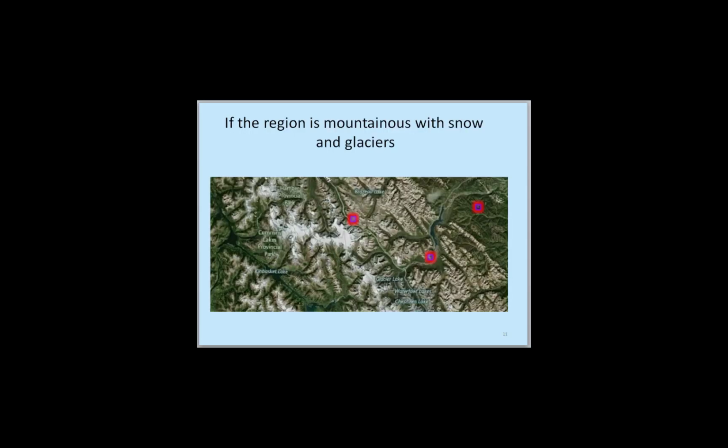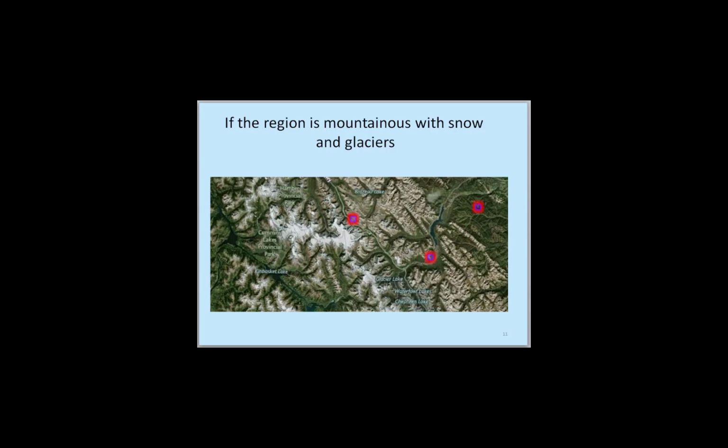Using the map, you can also check if you are in a mountainous region where snow melt is an important component. In that case, you must add elevation band to your model, as discussed in a previous video. Then you have to fit T-lapse and P-lapse parameters. And after that, you need to calibrate the snow parameters.